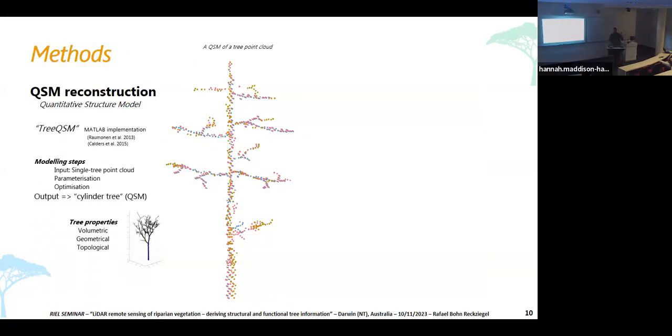And then what I have often done is use geometrical modeling to retrieve information from individual 3D point clouds, what you see in the middle. The standard method today for forest resources is 3D QSM.